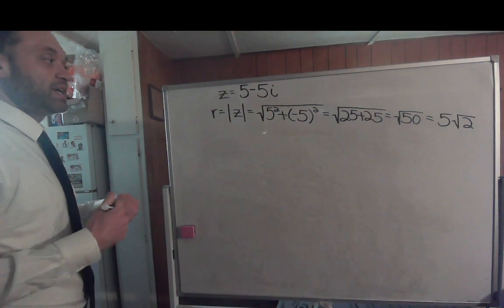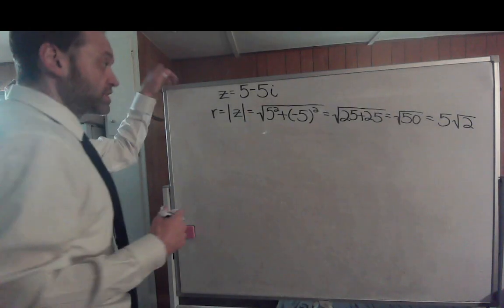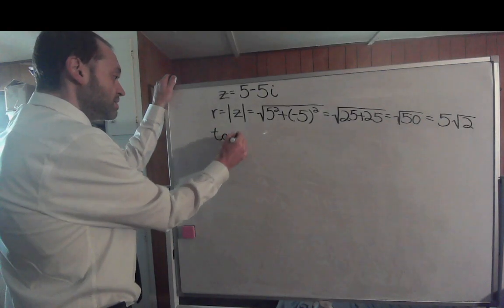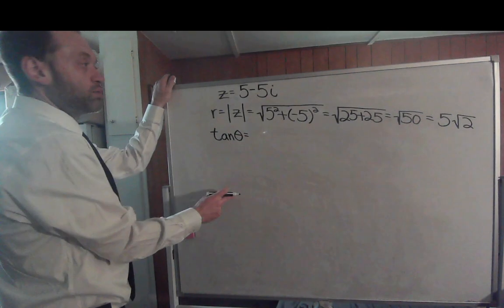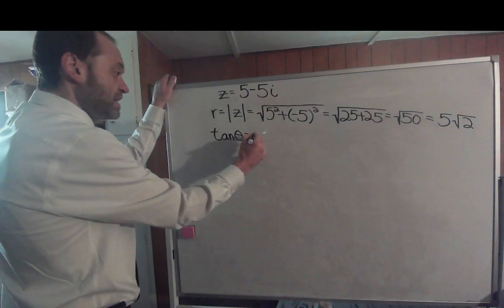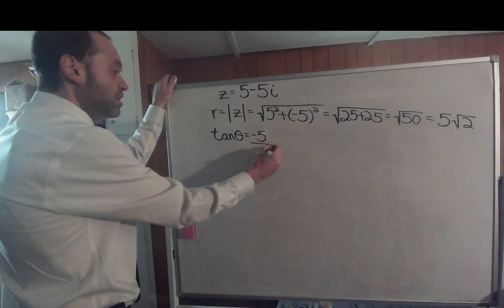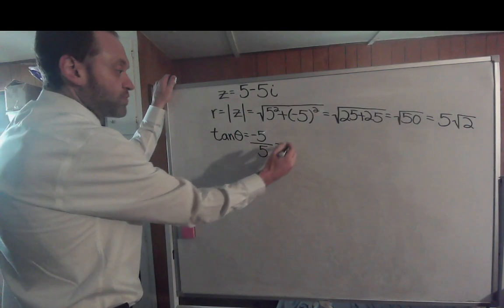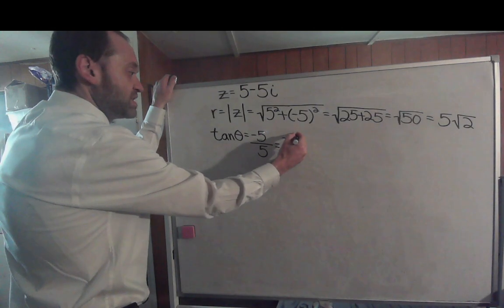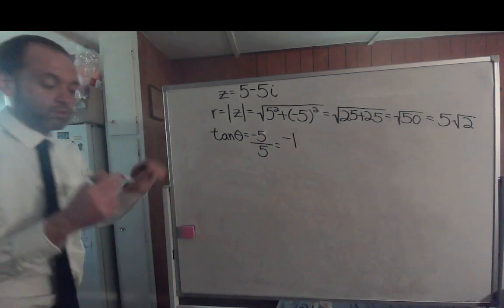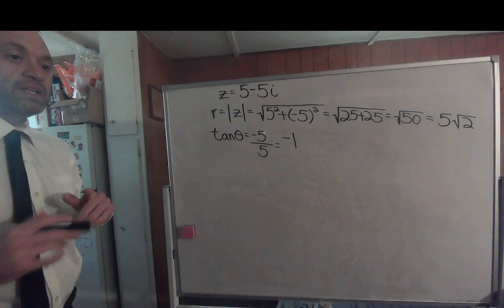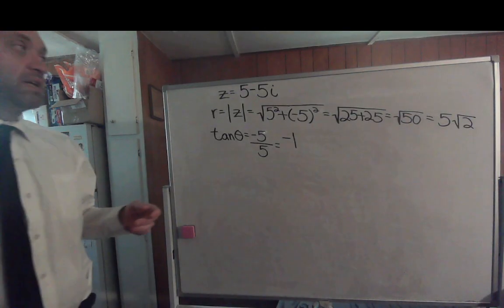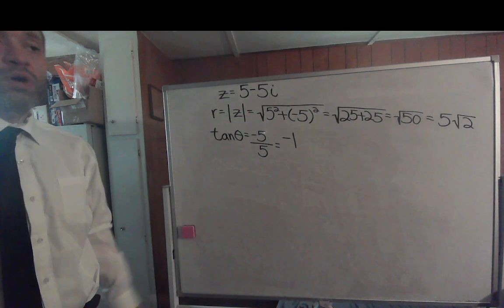Now we need to find the angle. So the tangent of theta equals your b coefficient, which would be negative 5, over your a coefficient, which is 5, which of course would give you a tangent of theta equaling negative 1. Well, we need to consider something here. Let's picture this graphically, because we need to identify what quadrant we're in.